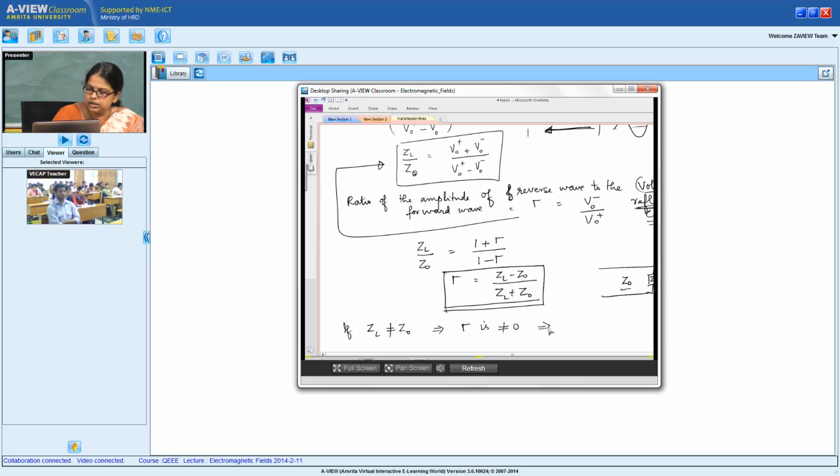Gamma is non-zero implies there is a reflection. The system is supporting the backward propagation.